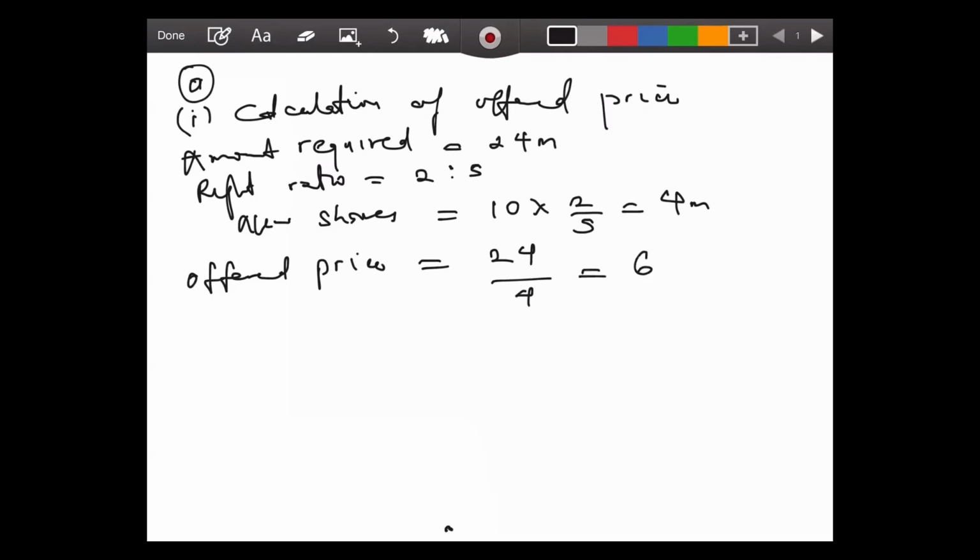So that will be 6 naira per share. So this is the offer price. So the next calculation, still under the first requirement, is the theoretical ex-rights price.